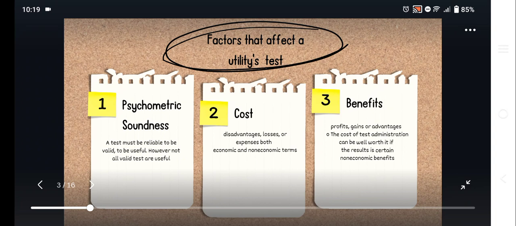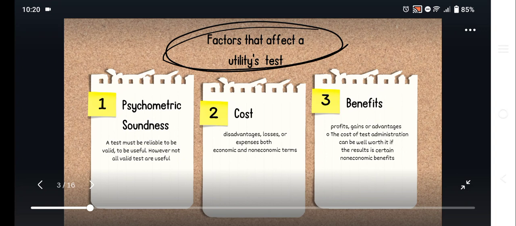The connection to utility has more to do with the behavior of the test users, that is, the test takers. The second factor is the cost. It refers to disadvantages, losses, or expenses in both economic and non-economic terms. In economic terms, it relates to expenditures associated with testing or not testing, funds allowed to pursue the test and the test administration.